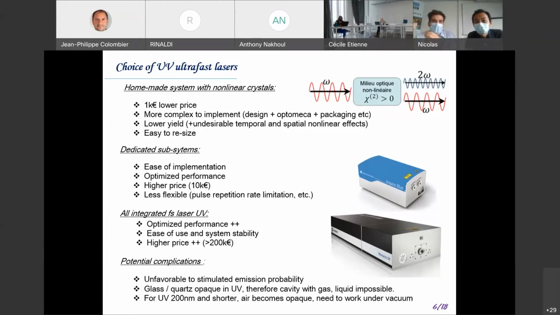This solution is cheap, approximately 1,000 €. But you have to include the time of the people to make it work properly, because you have to set the laser beam with the right diameter to have the best yield.